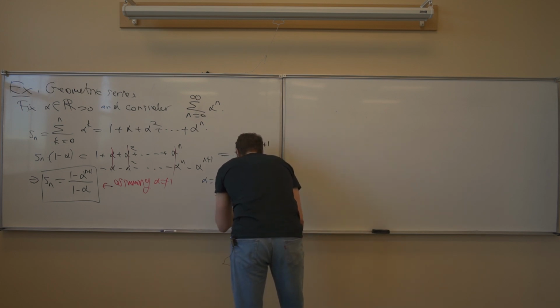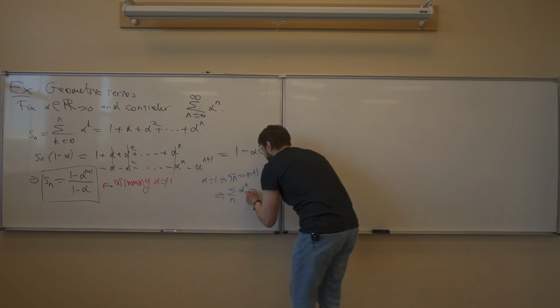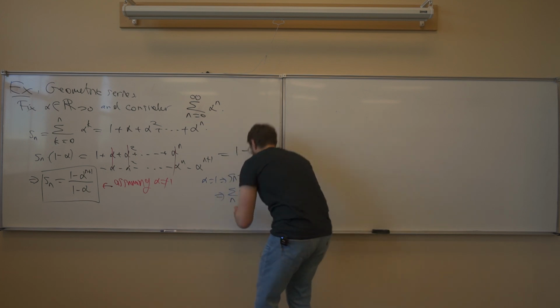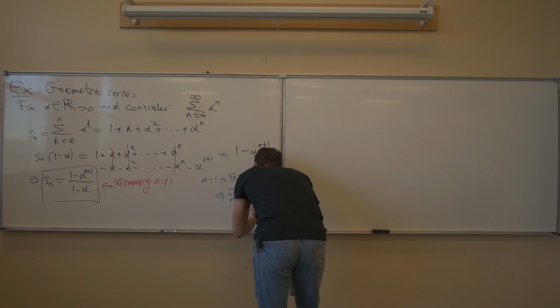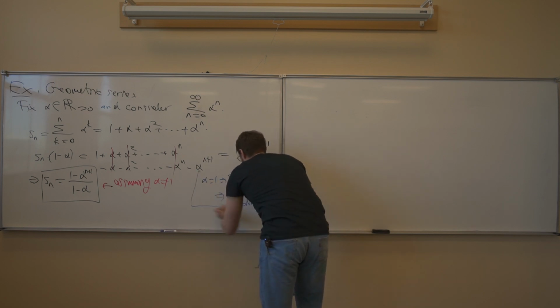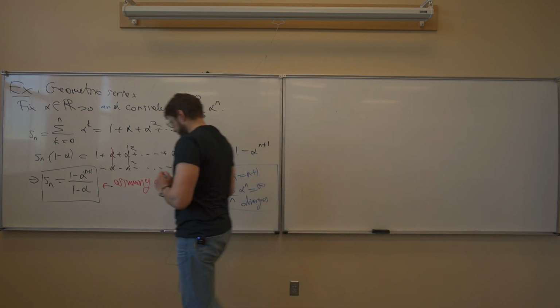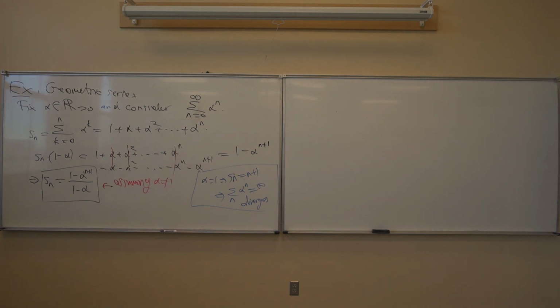And so it would diverge to infinity. Okay? But if alpha is not equal to 1, then this makes sense.